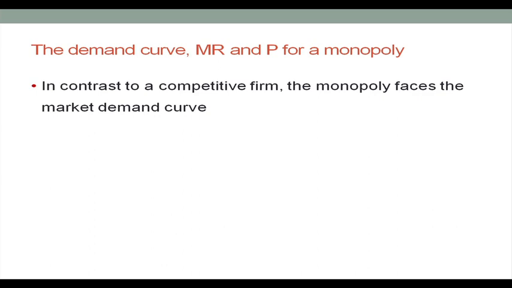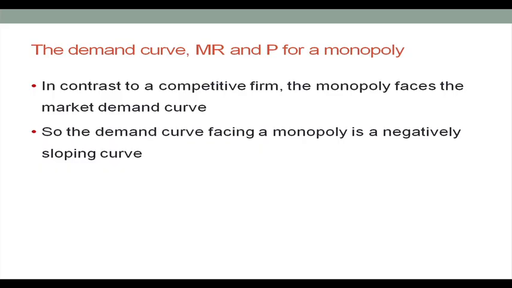In contrast to a competitive firm, the monopoly faces the market demand curve. The demand curve facing a monopoly is a negatively sloping curve. We all know that from our initial discussion of demand and supply, and we have always said that the market demand curve is negatively sloping.